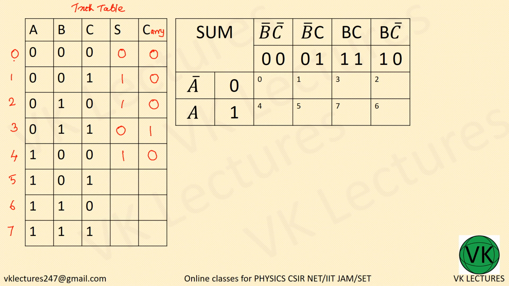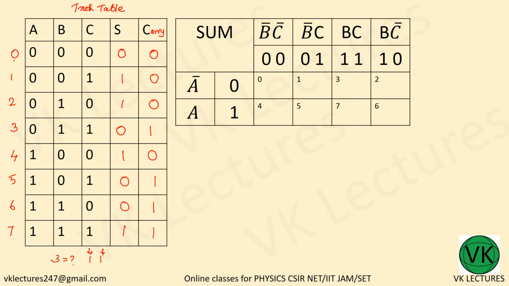For 1, 0, 1, sum is 0, carry is 1. For 1, 1, 0, again sum 0, carry 1. For 1, 1, 1, what can the sum be? 1 plus 1 plus 1, 1 plus 1 is 2, 2 plus 1 is 3, and 3 is 1, 1. So sum is 1, carry is 1.